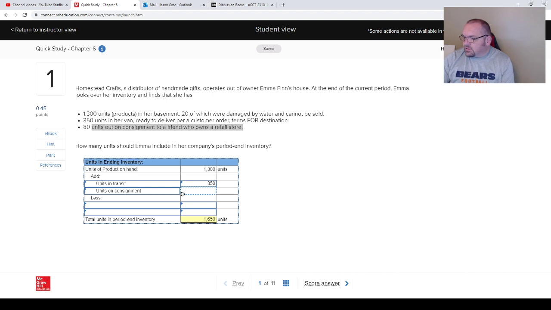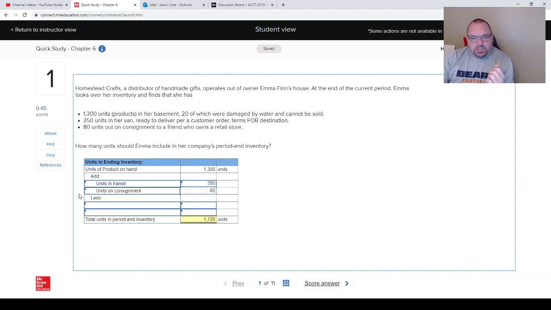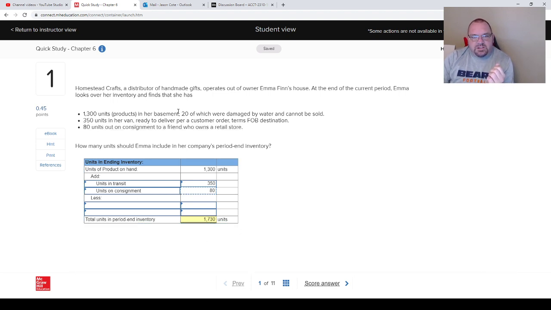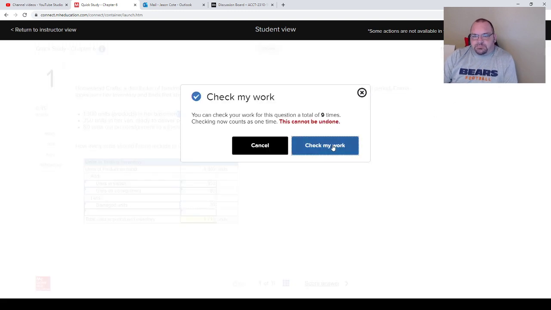I hope you can see. Oh, man, I made it bigger. So the units on consignment are still her inventory as well. So we'll add those in as well. We do need to remove these 20 damaged ones because they're not sellable. They need to be removed from inventory. So down here we will remove 20. Make sure it's subtracted, and it did. So this is that damaged units. Okay. So there's your first one, nice and easy.